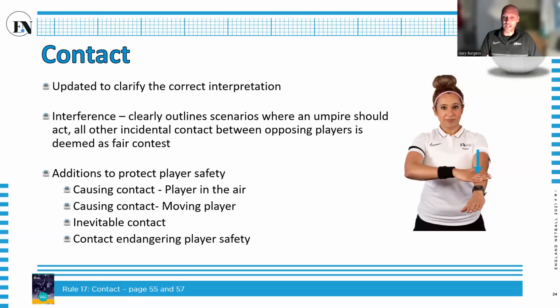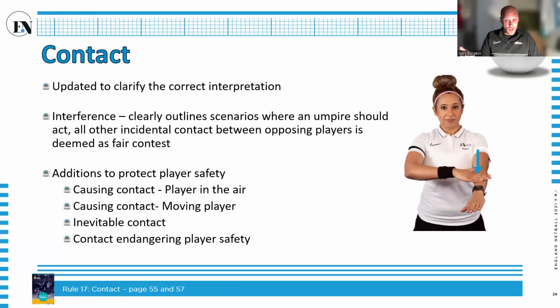The contact rule, it was felt that contact was not being umpired consistently and penalised consistently across the world, and that umpires and coaches and players were not on the same page. It was also felt that excess whistle in the game, where infringements were penalised where no interference was occurring, detracted from the game's appeal to spectators, and it also disrupted the momentum of teams playing.